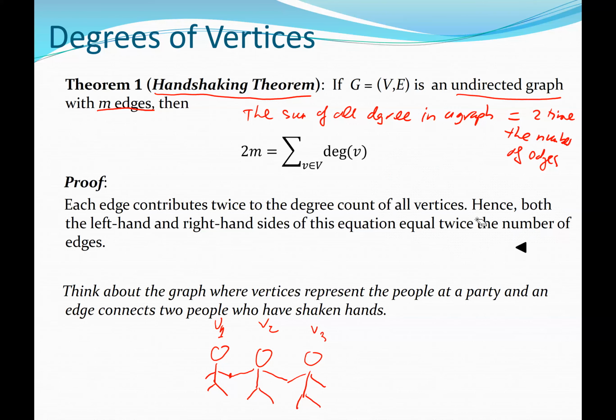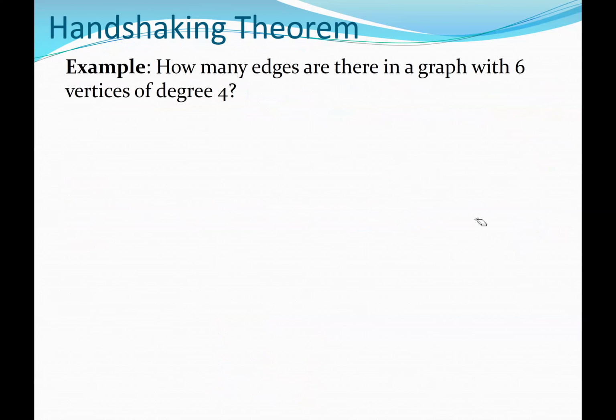So remember that theorem, a very nice theorem to use. All right, here is the example. How many edges are there in a graph with 6 vertices of degree 4? In other words, we have 6 different vertices and each has degree 4. By the theorem, 2m is equal to the summation of degrees.